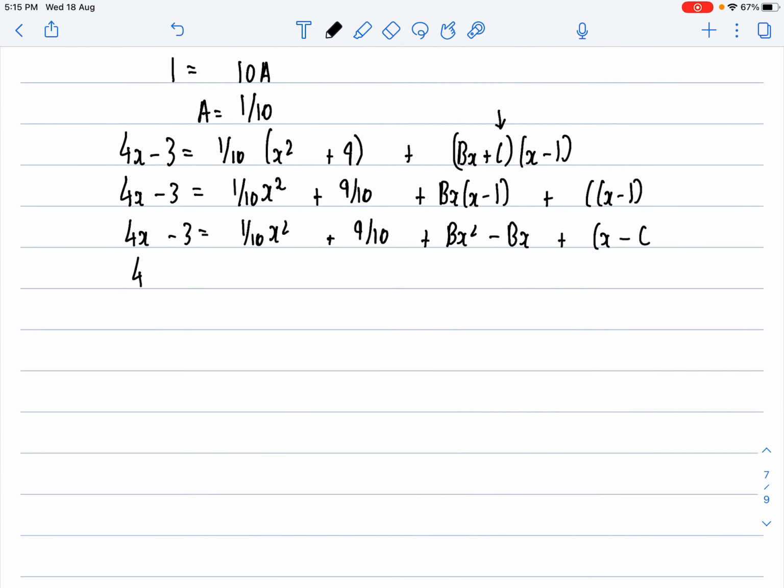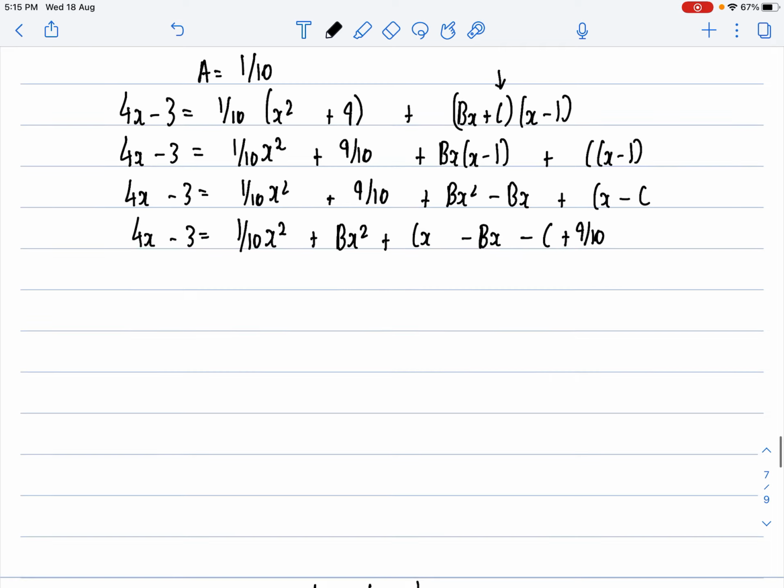Now I can write this as 4x minus 3 equals to, I can rearrange, get the x squares together, get the x together, and get the constants together. So I can write this as 1 over 10 x square plus bx square, plus cx minus bx, minus c plus 9 over 10.